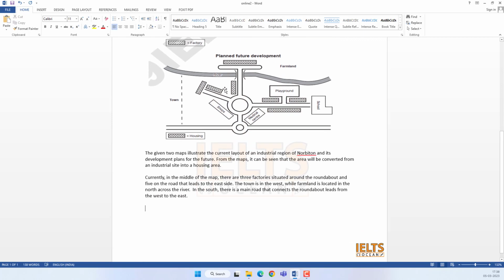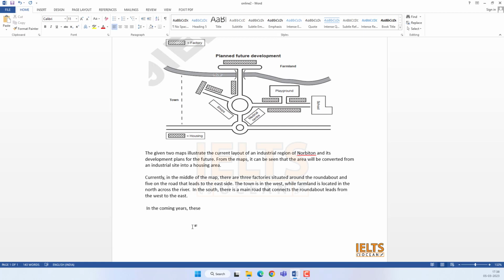Now I'm going to talk about the second map. In the coming years, so instead of writing future, I have written coming years. So it is a similar thing.